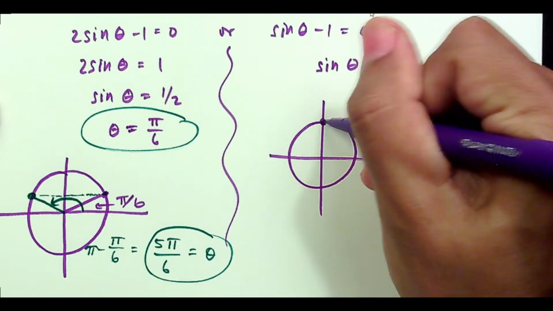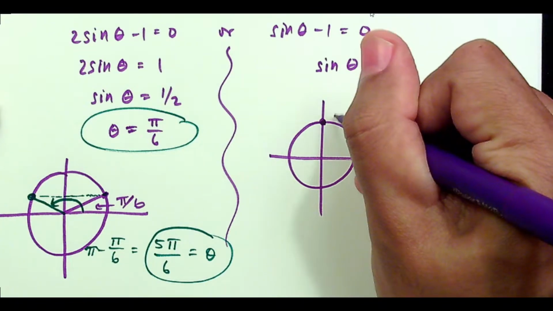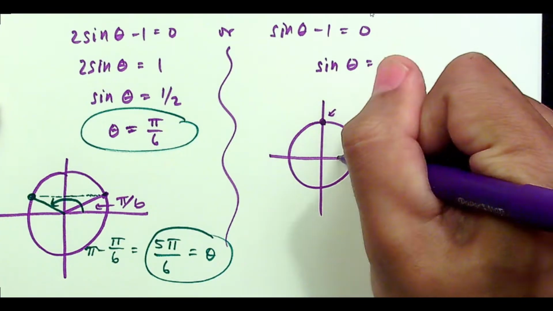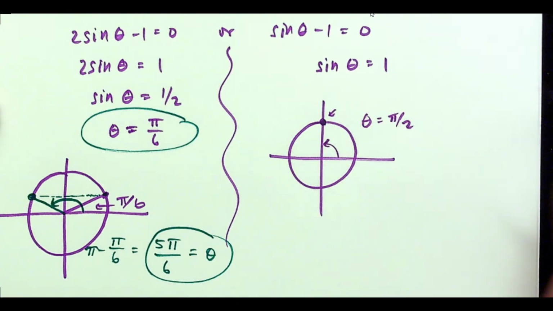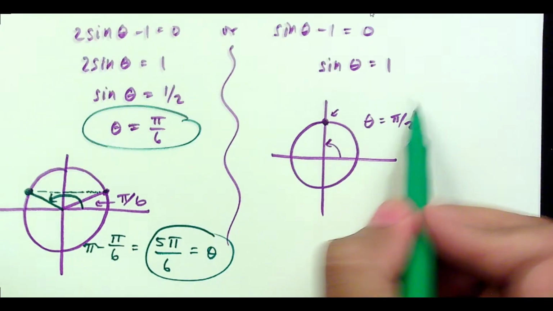The only point in the unit circle whose y-coordinate is 1 is this one right here. So theta would be then pi over 2. And then you should always think, is there any other ones? And no, there's no other angle whose corresponding y-coordinate on the unit circle is 1. That's the only one. So that's it.